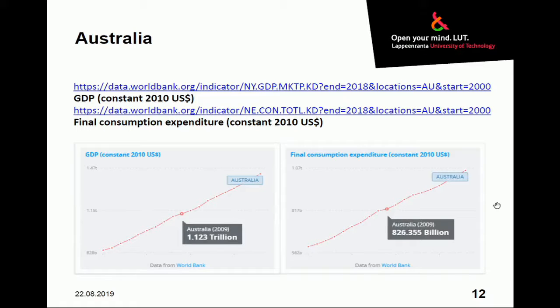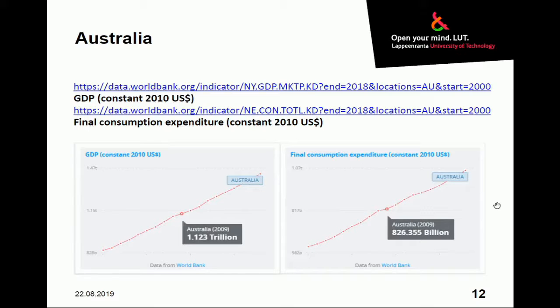What are the countries we tried to investigate with the help of this procedure? I present here 6 countries, in pairs representing different types of economies. First of all, Australia and China.